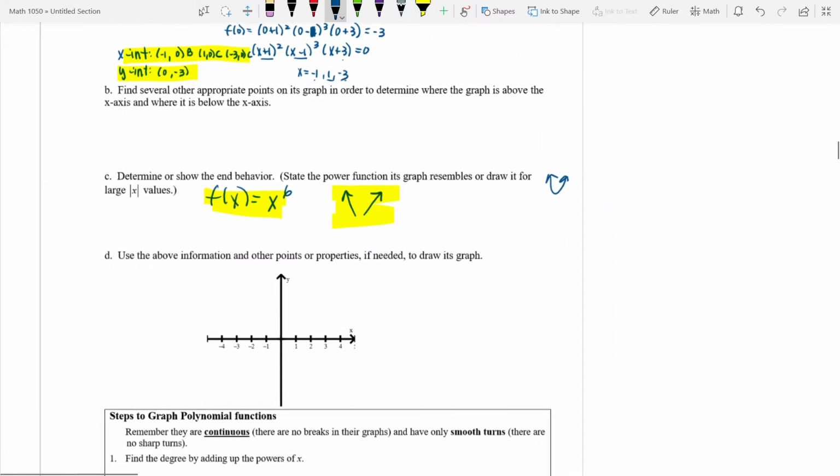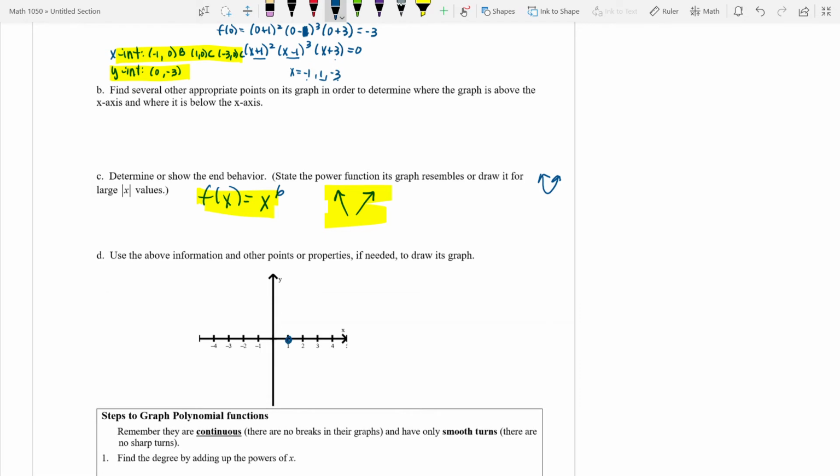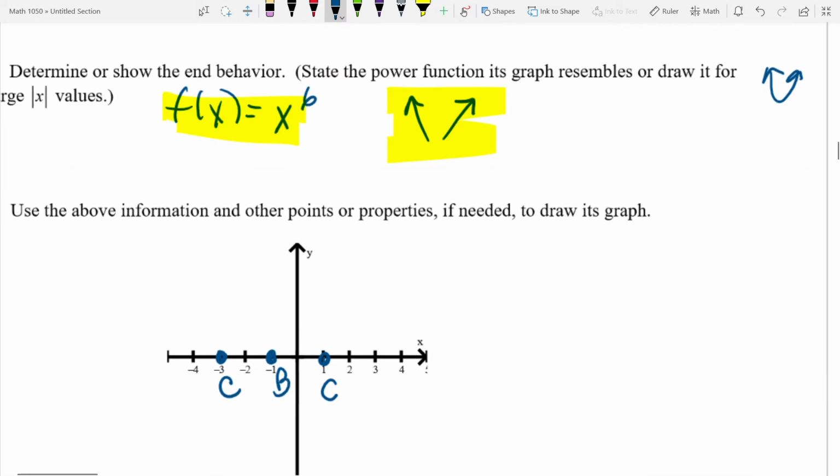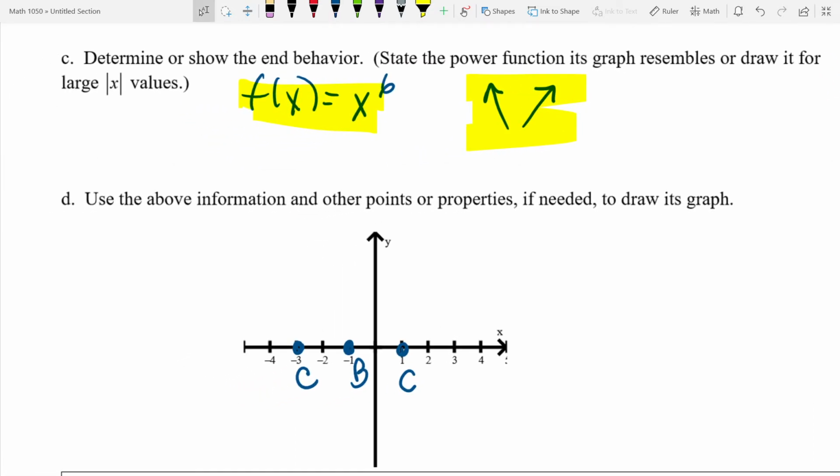Okay, now go to that x-axis. Everybody plot the point -1, 0 and put a B, and then do 1, 0 and put a C, and then do -3, 0 and put a C. You graph it. Go ahead.